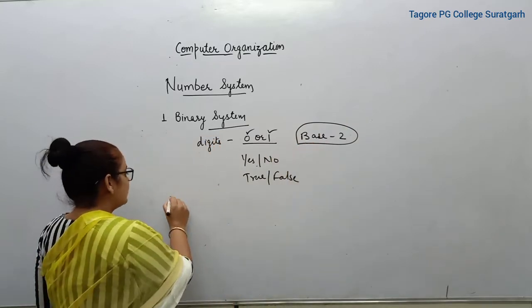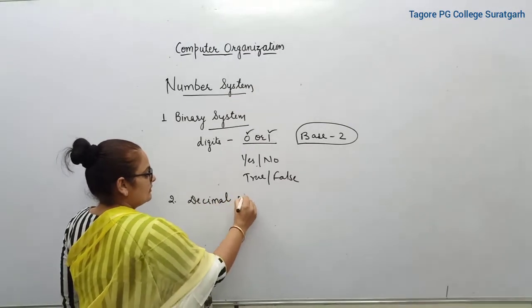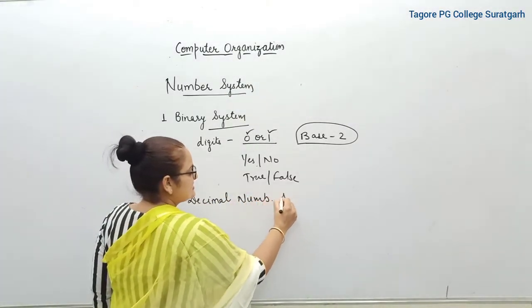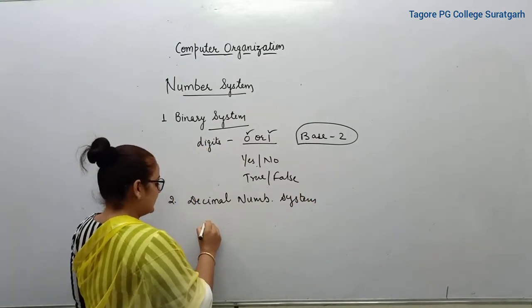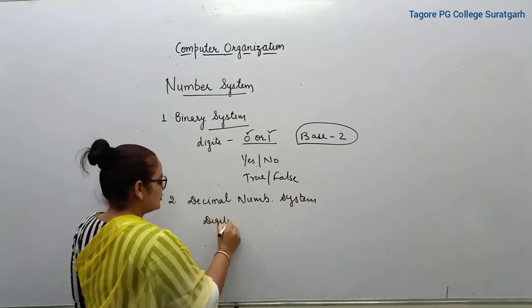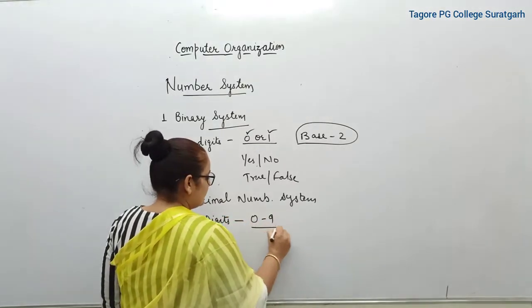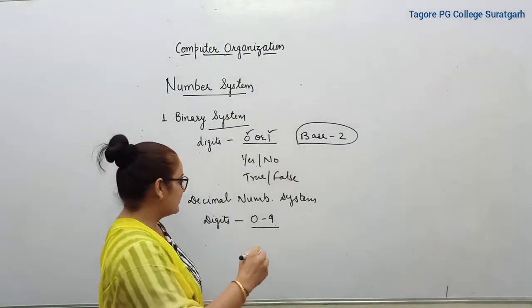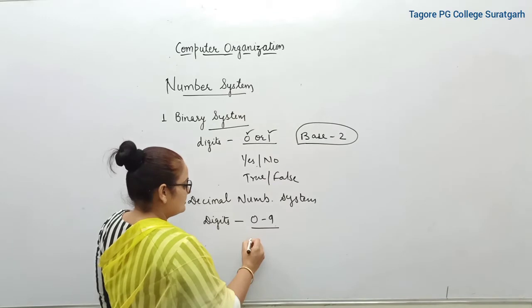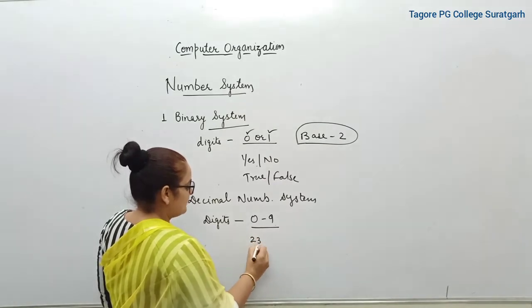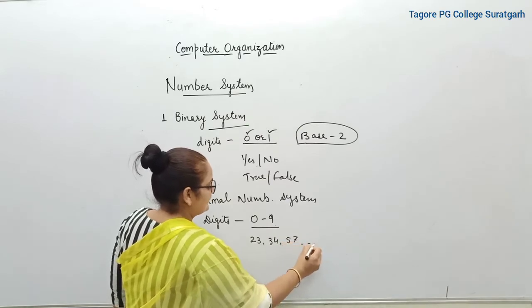In the same manner, there is the decimal number system. In the decimal number system, we have the digits 0 to 9, meaning a total of 10 digits. We arrange them differently to make numbers like 23, 34, 57, like that.